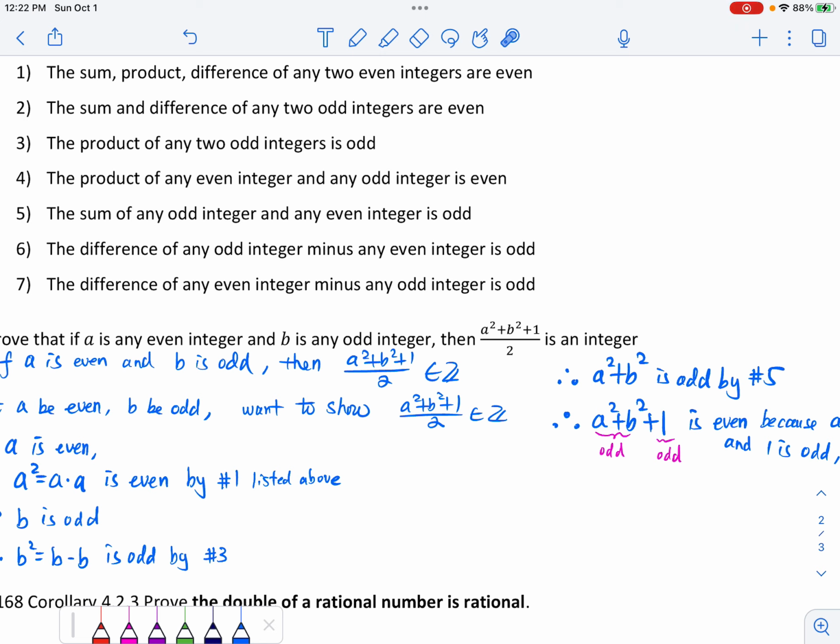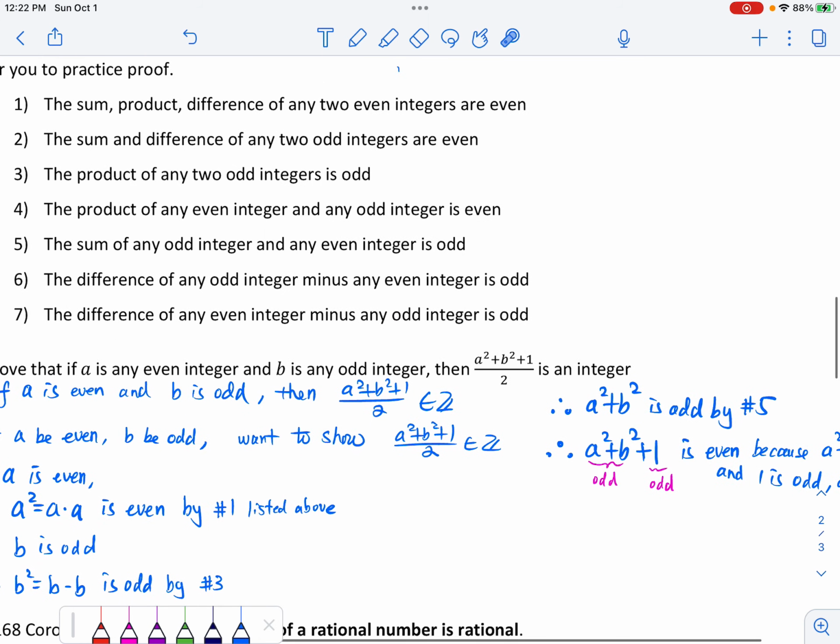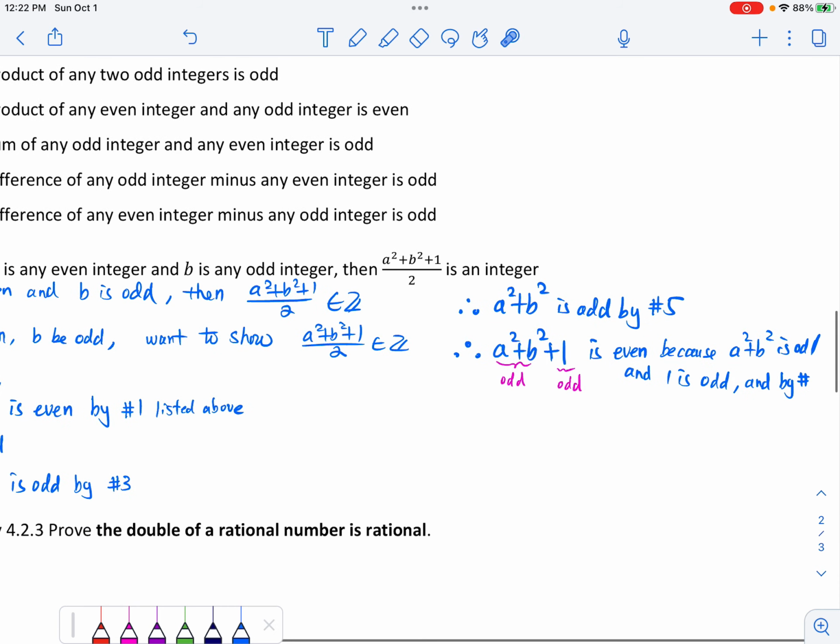I'm sorry, just number 2, I lost track of myself. So by number 2, we can make this conclusion.